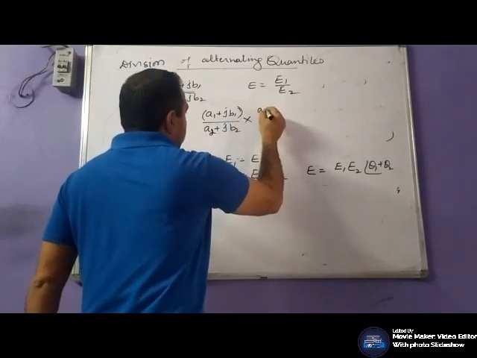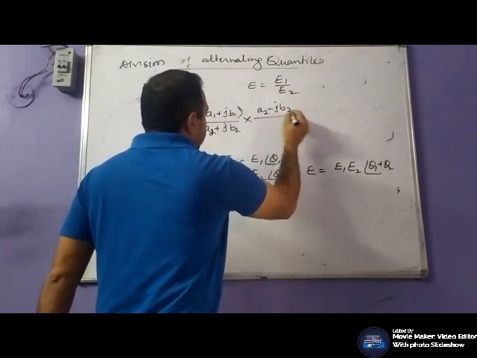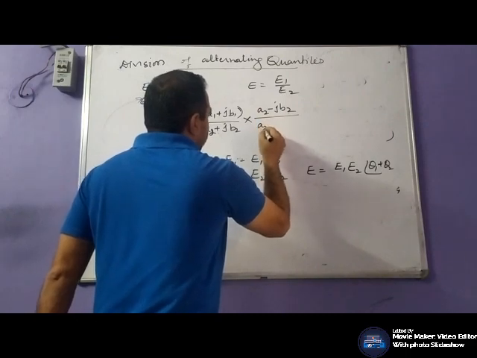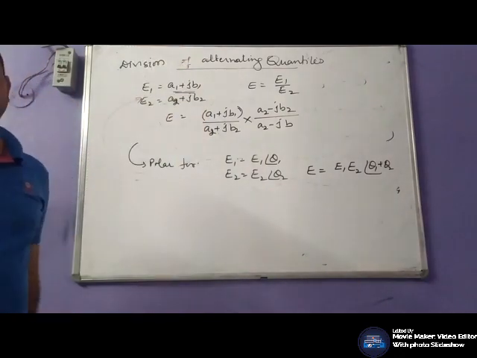We will multiply and divide with their conjugate, and then we will simplify it.